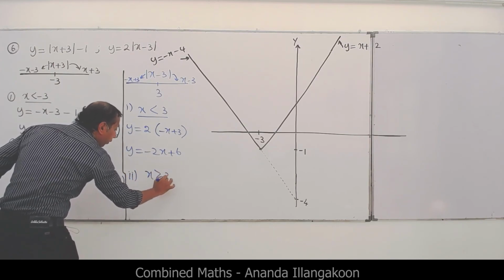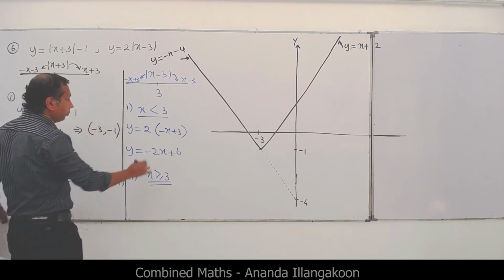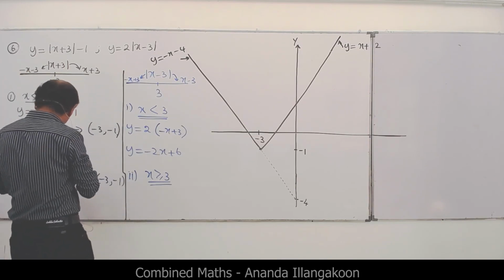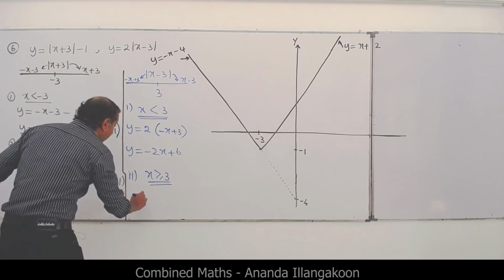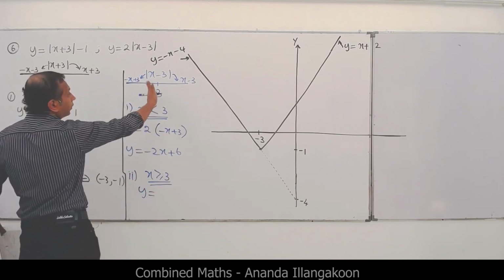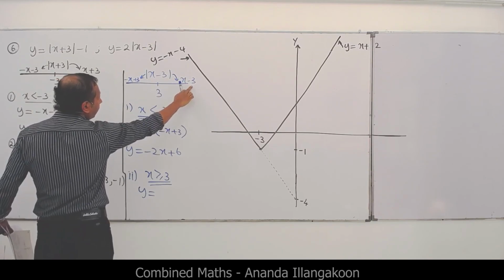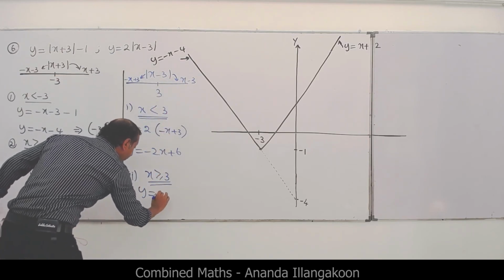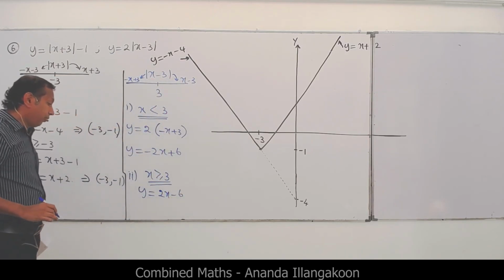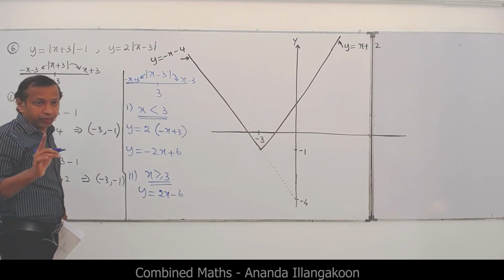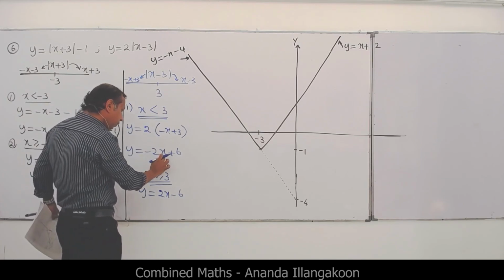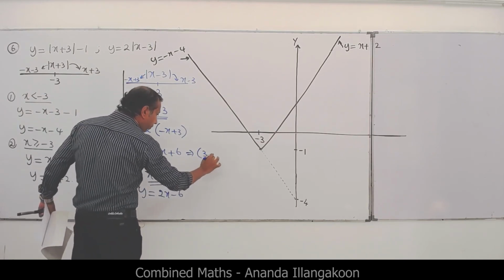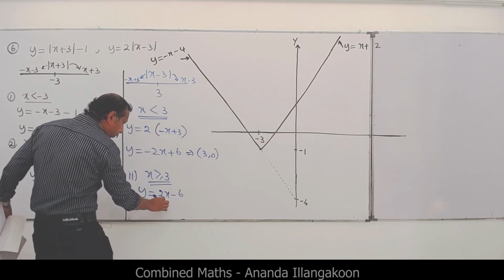For x greater than or equal to 3, mod x minus 3 is x minus 3, so when you multiply by 2, we get y equals 2x minus 6. Here also, to get one point, we put x equals 3, then y is 0. The same happens in the other one: when you put x equals 3, y is 0.